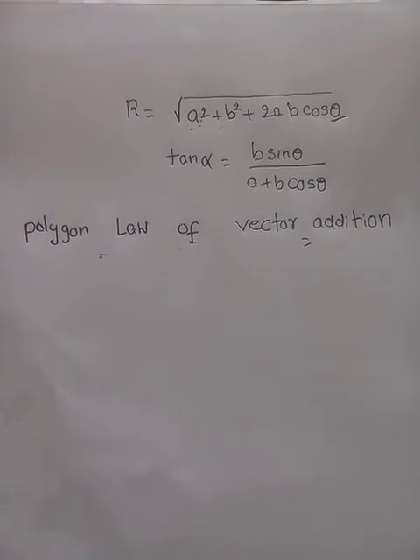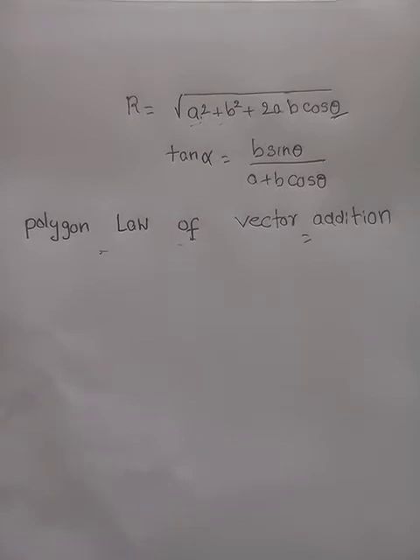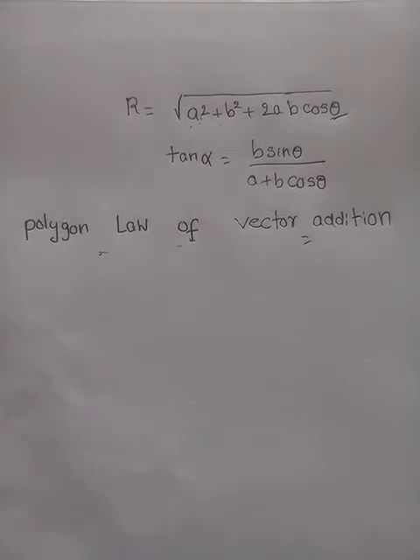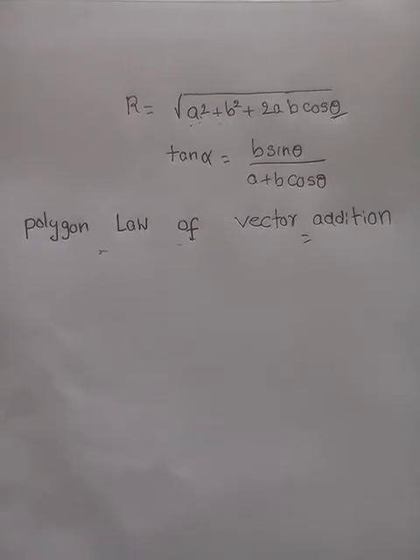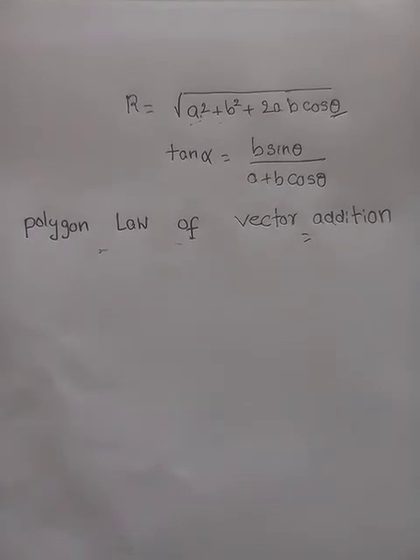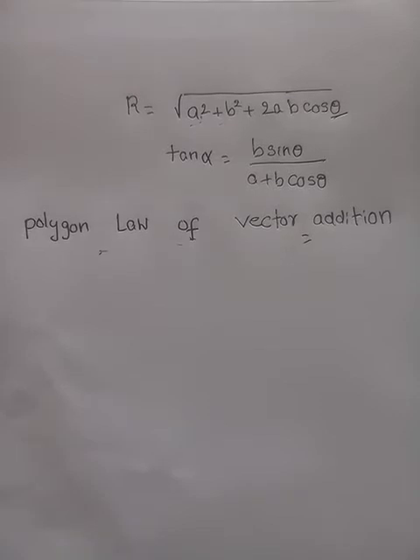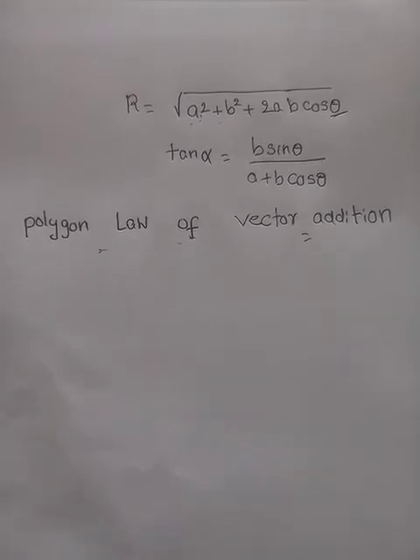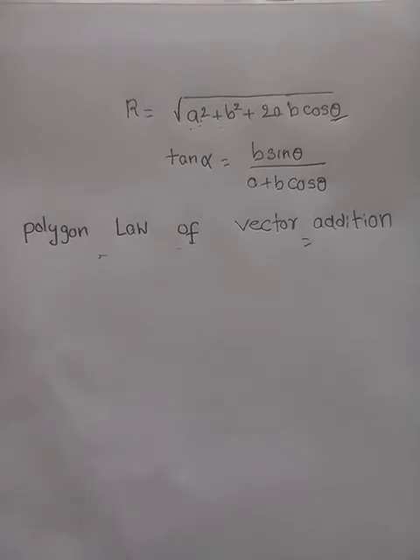The same thing we are going to convey here: if I have more than two vectors, what can I do? According to this law, if a number of vectors can be represented in magnitude and direction by the sides of a polygon taken in the same order, then the resultant is represented in magnitude and direction by the closing side of the polygon taken in the opposite order.